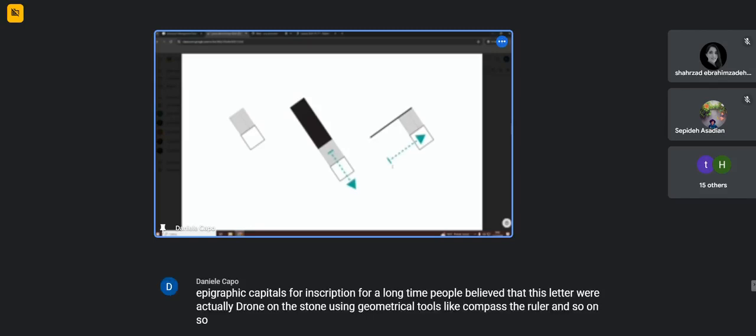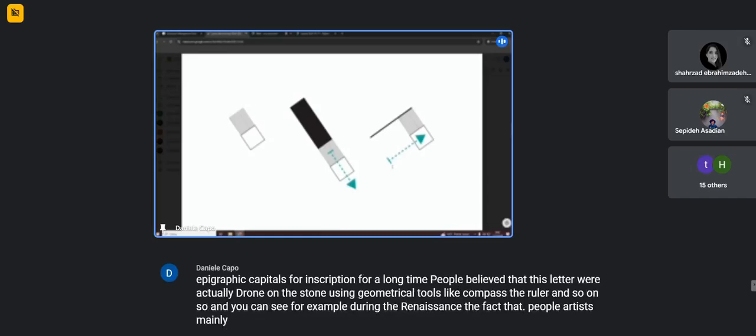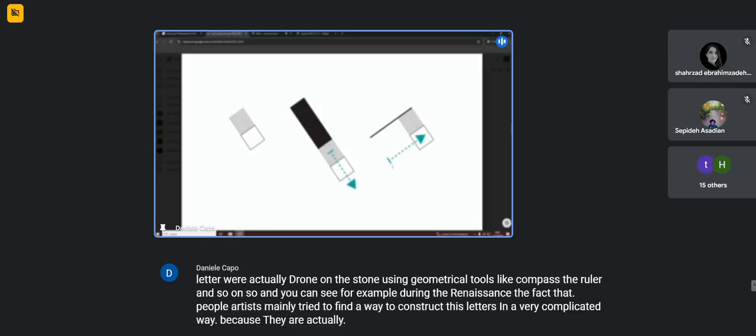During the Renaissance, people, artists mainly, tried to find a way to construct these letters in a very complicated way, because they are actually not that regular.